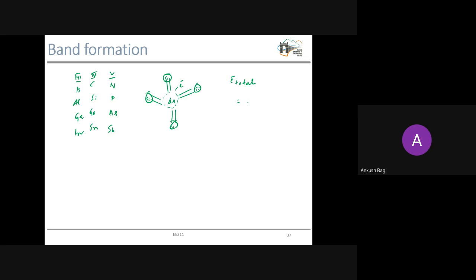So there we calculated this energy as, if we once again write that equation, h square, and then obviously that integer multiple. So this energy we calculated in the case of a single hydrogen atom.